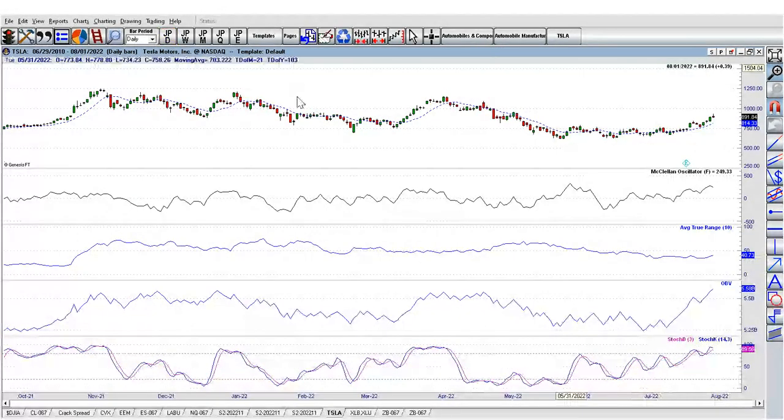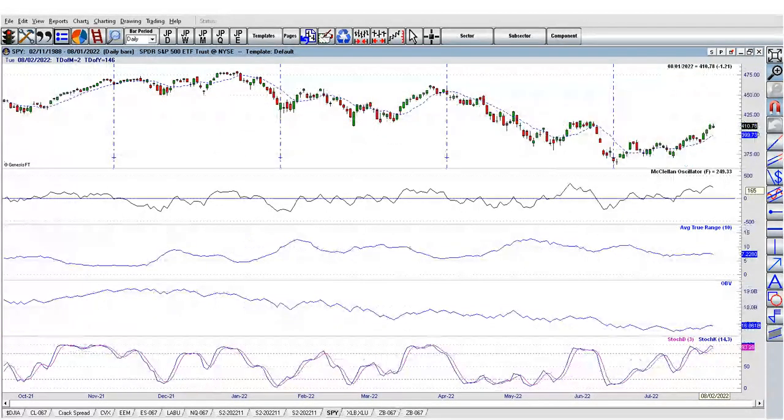When it comes to an individual stock, we wouldn't use McClellan oscillator. McClellan oscillator would be used for something like a stock index. What is the condition of the market? Here's the McClellan oscillator, and this is the S&P 500. So why do I look at the McClellan oscillator and the S&P 500? Well, I really don't.